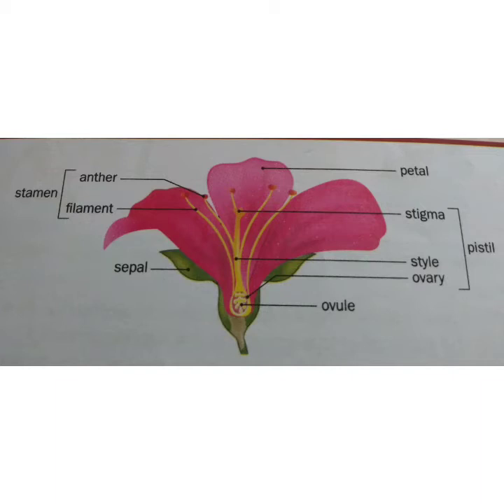Now we will read the labels in the photo. First, stamen. Stamen contains anther and filament. Then sepals. Then ovules. Then ovary. Then style. Then stigma, and then petal. Now we will read monosexual flowers.